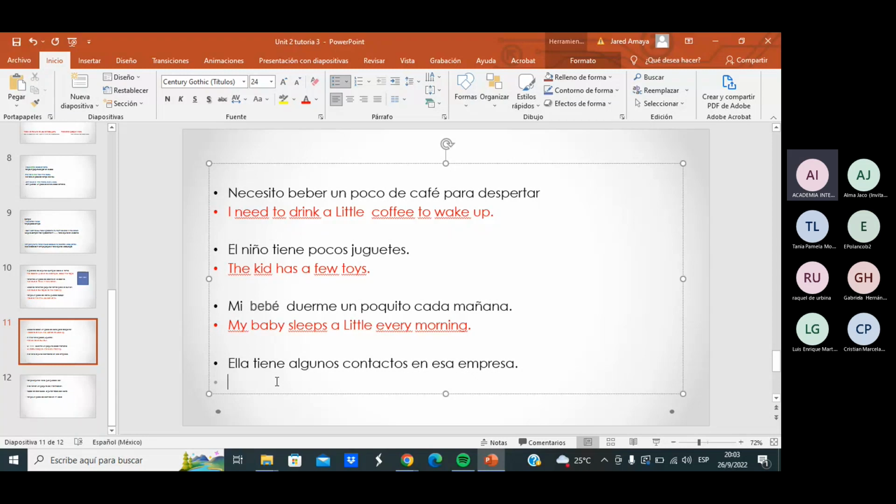Muy bien. Many es como muchos y algunos es una cantidad pequeña. Muchos es bastante. So, how would you make that sentence? Number 4. ¿Cómo lo harían?